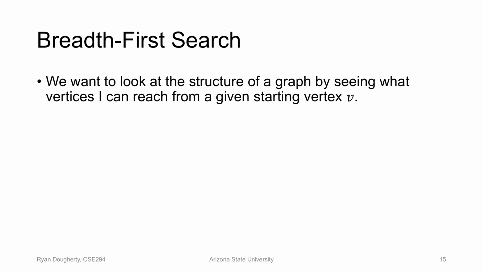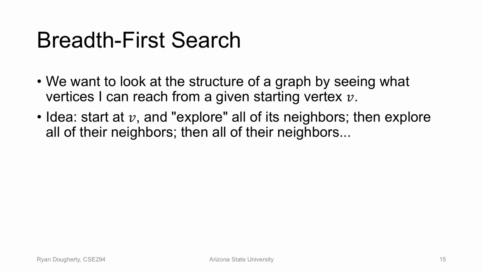So let's look at what vertices I can reach from a start vertex V. I'm going to find some arbitrary vertex in the graph, I'm going to call it V, and then I'm just going to see what I can reach from here. So what's the idea? We're going to do this branching thing. I'm going to start at V, look at every possible neighbor I can reach in one step, traversing one edge.